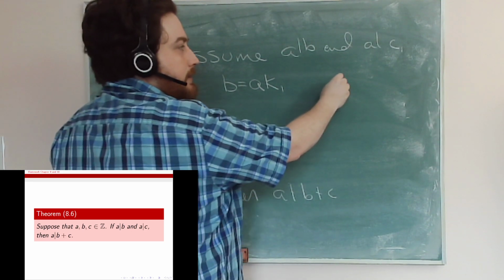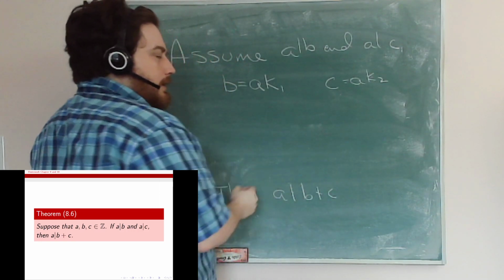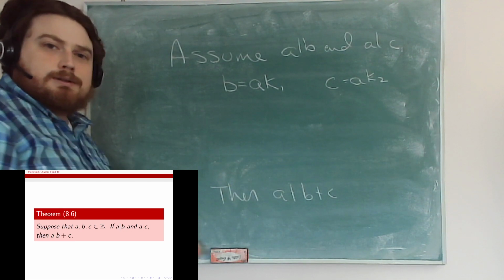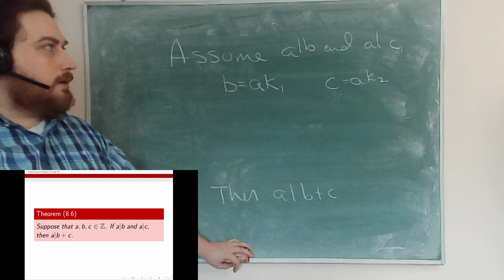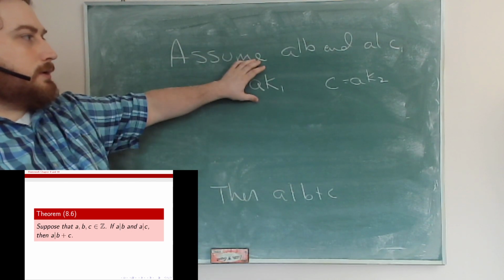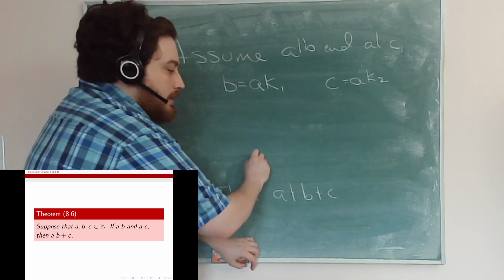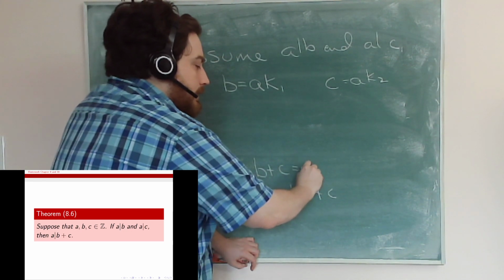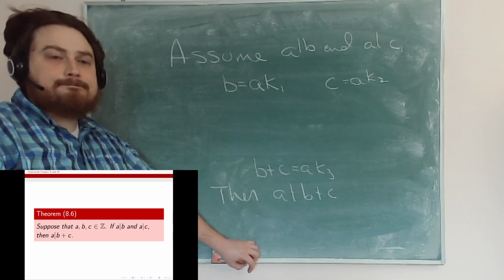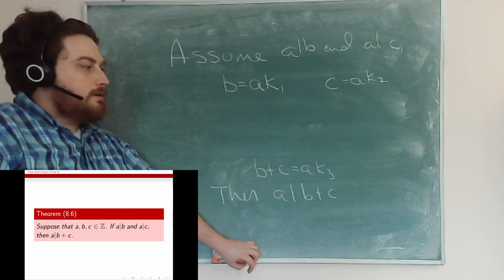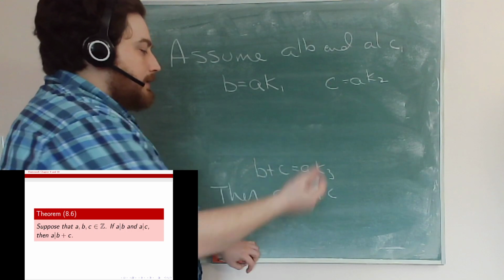And if a divides c, that means that c is a times some integer, for some integers k1 and k2. So we assume this is equivalent to this. In the same way, we have to show this. So this is equivalent to saying b plus c is equal to a times some integer, which we'll call k3. So now what I have to do is show that b plus c is a times some integer.